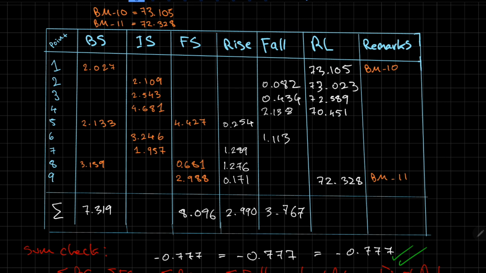Again, now we encounter a rise value, so this one plus the rise value, 0.254, and we're going to add it. So that will give us 70.705. Okay, 1.113.